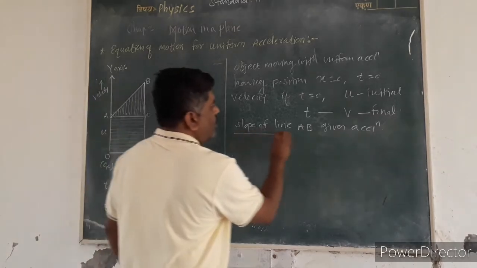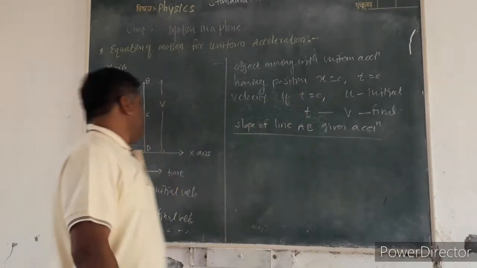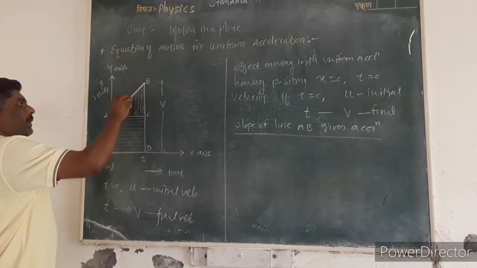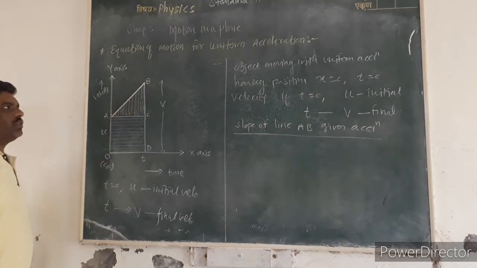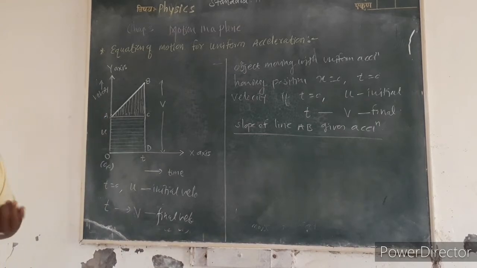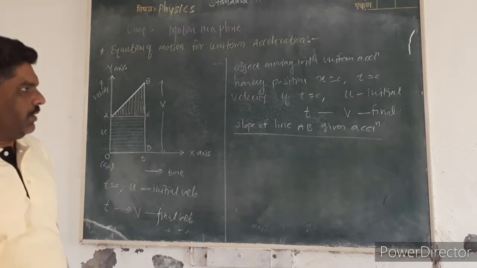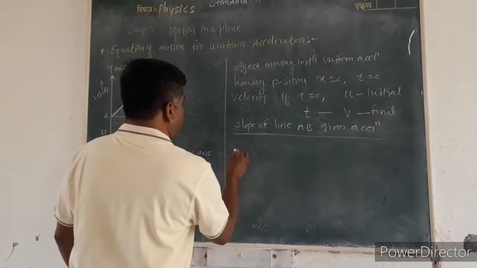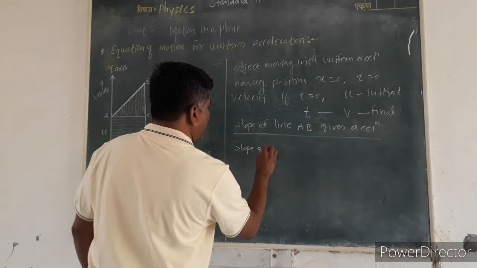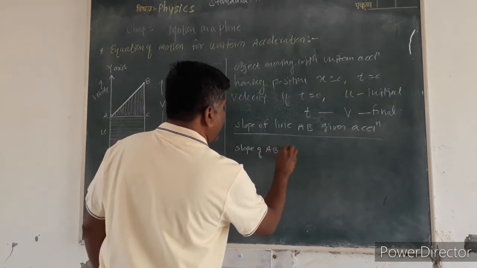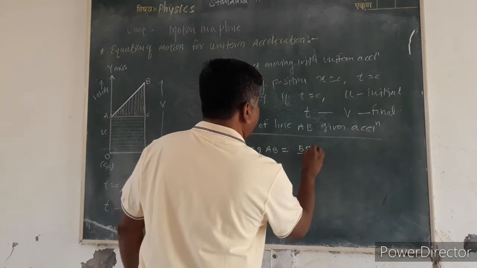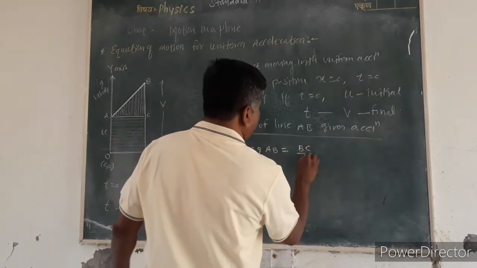The slope of this line gives the acceleration of the particle. Suppose the slope of line AB is equal to BC upon AC.